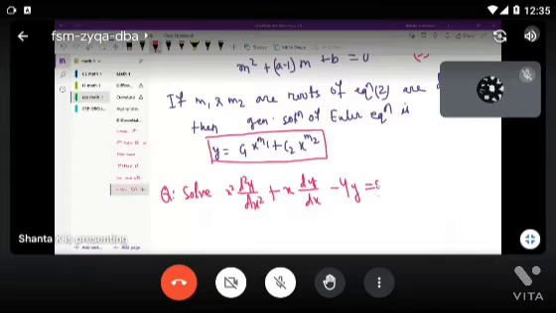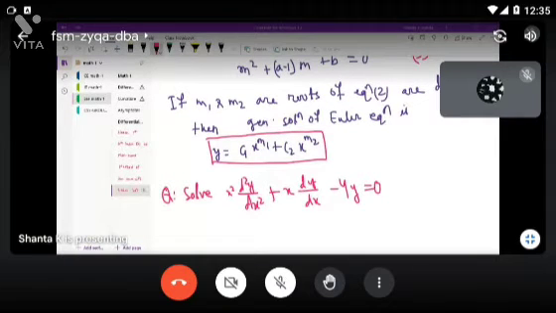If you want, you can do it in a normal way also, but you can identify that this form is the Euler equation, so you can try to solve it in the Euler way, simply by substituting y equals x power m. So what is the solution you find? Let's find out.